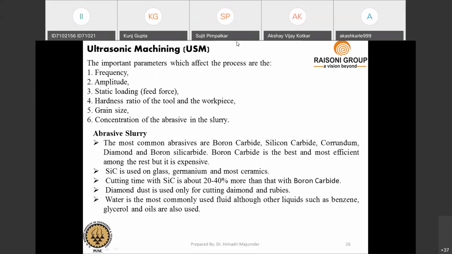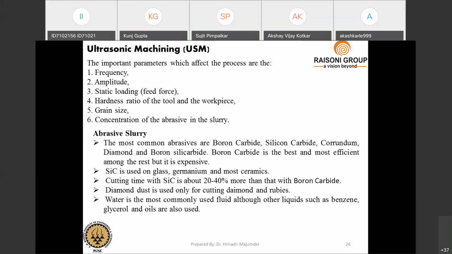So what are the important process parameters that can affect your MRR? There are frequency, amplitude, the static load or feed force, the hardness ratio of the tool and the workpiece, your abrasive grain size, and the concentration of the abrasive in the slurry. These are the important parameters which affect the material removal. The most common abrasives are, as we already discussed, those.